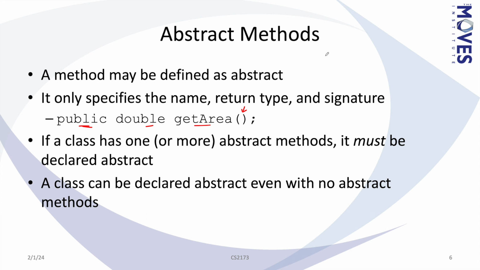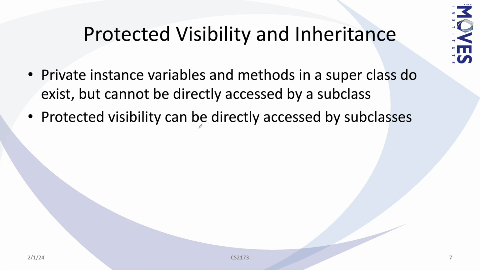For a concrete method, you would then have your open and close curlies with all the implementation in there. Instead of that, you have just a semicolon. If a class has one or more abstract methods, you must declare it to be abstract, and you can declare it to be abstract even without them.